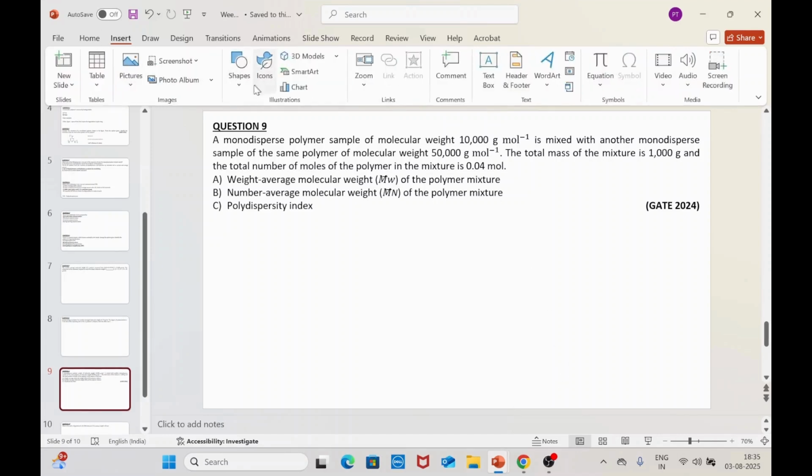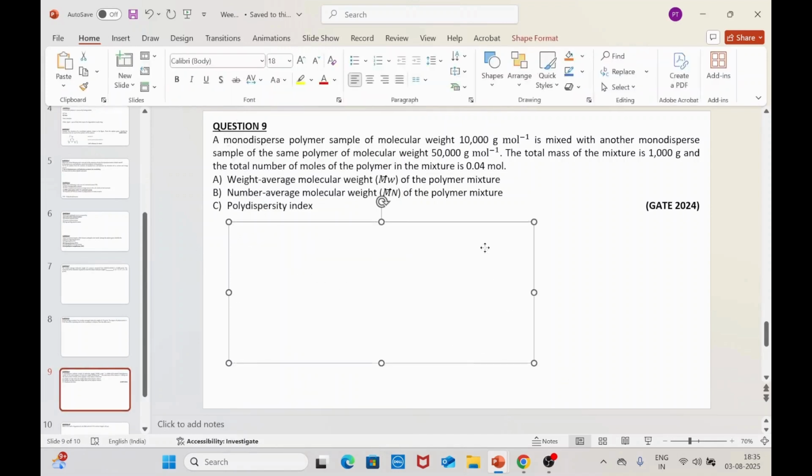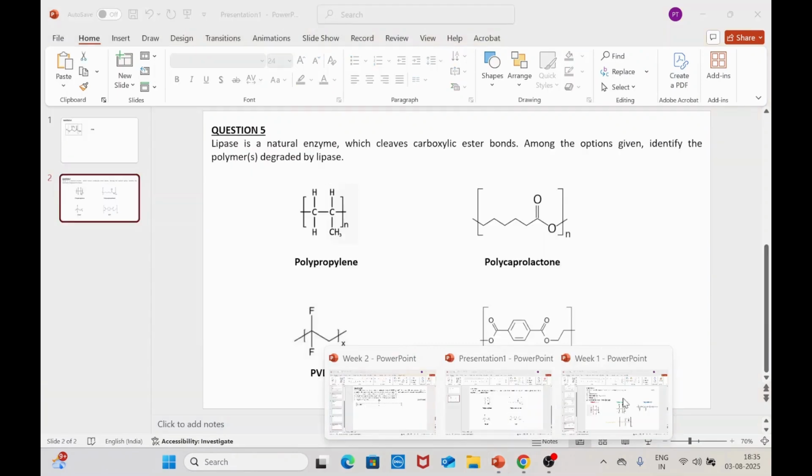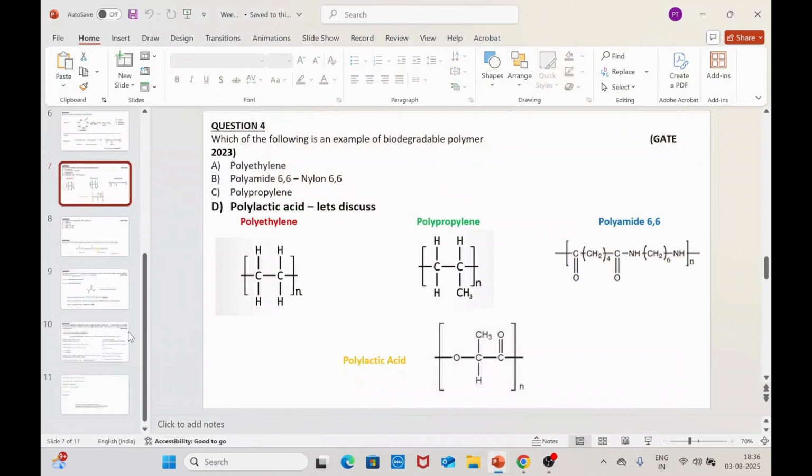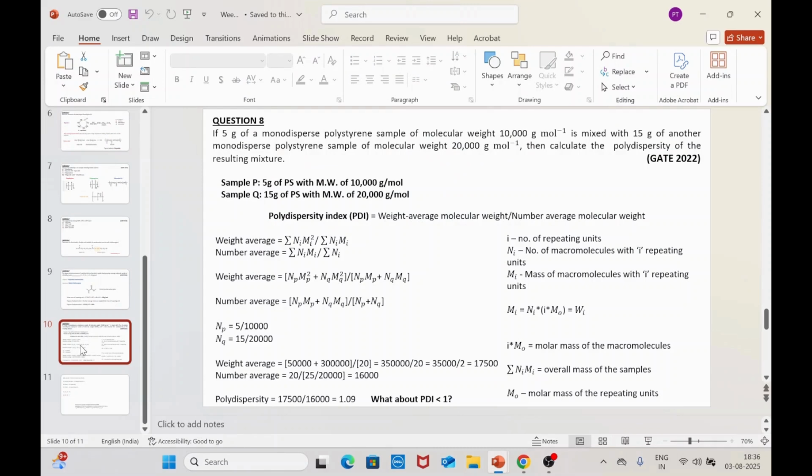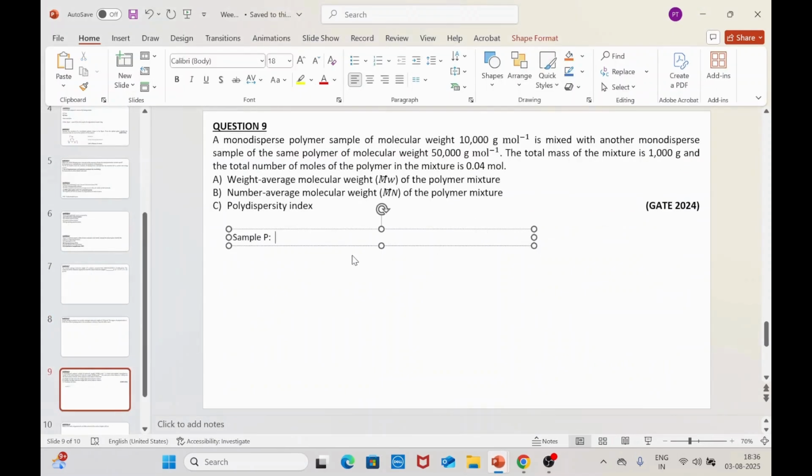So let's take one of the samples like last time, how we did, sample P. Sample P molecular weight is 10,000 gram per mole, and sample Q has a molecular weight of 50,000 gram per mole.